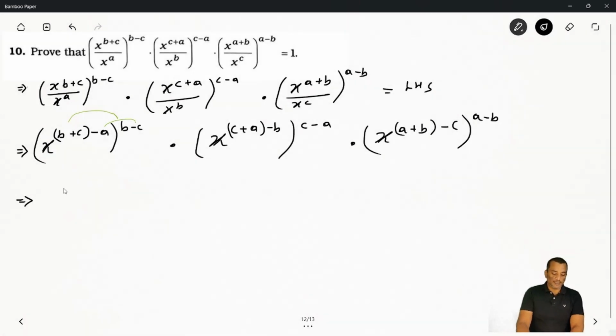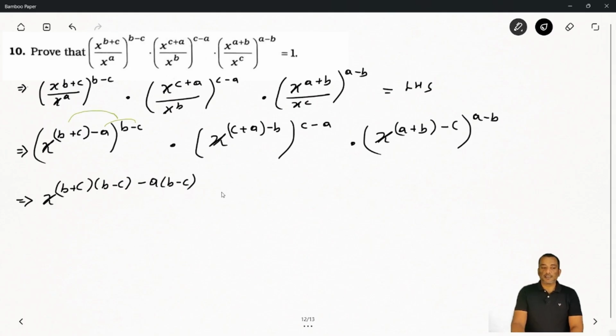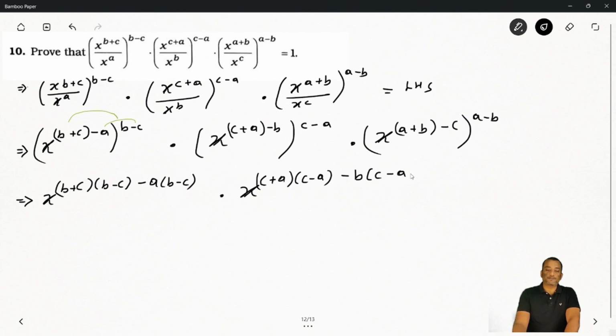So we can say x to the power b plus c times b minus c, and minus a times b minus c. Same way x to the power c plus a times c minus a, and then minus b times c minus a.